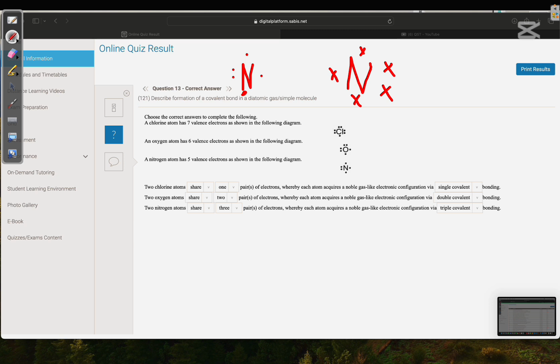So this will share with this, and same over here. This will allow each nitrogen to achieve noble gas configuration by sharing 3 pairs of electrons, which is called a triple covalent bond.